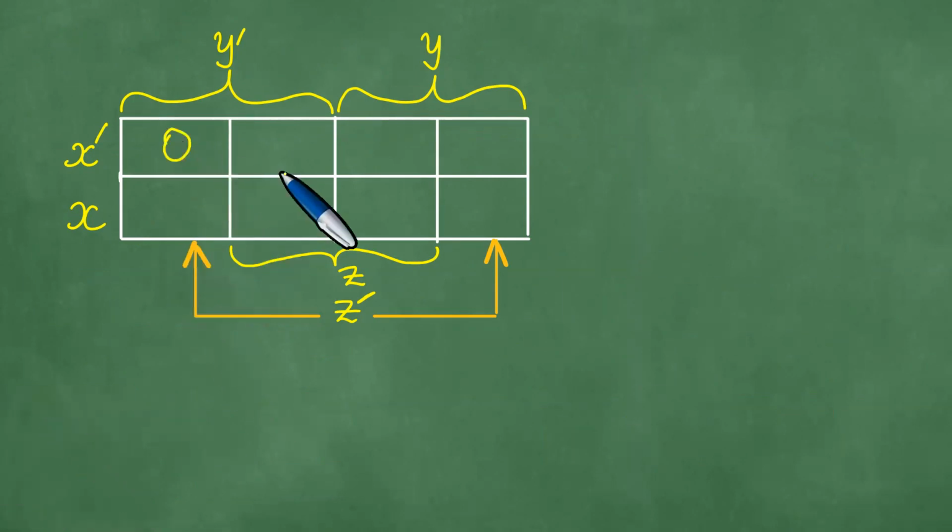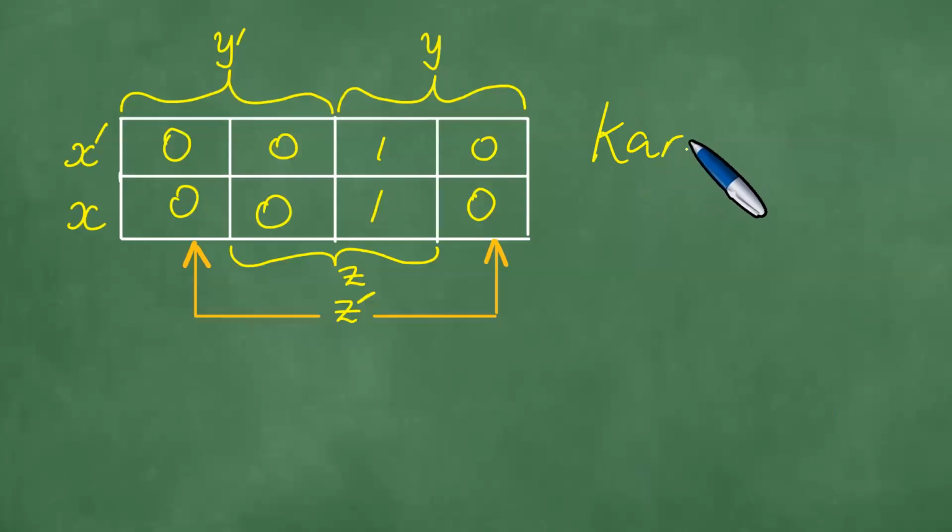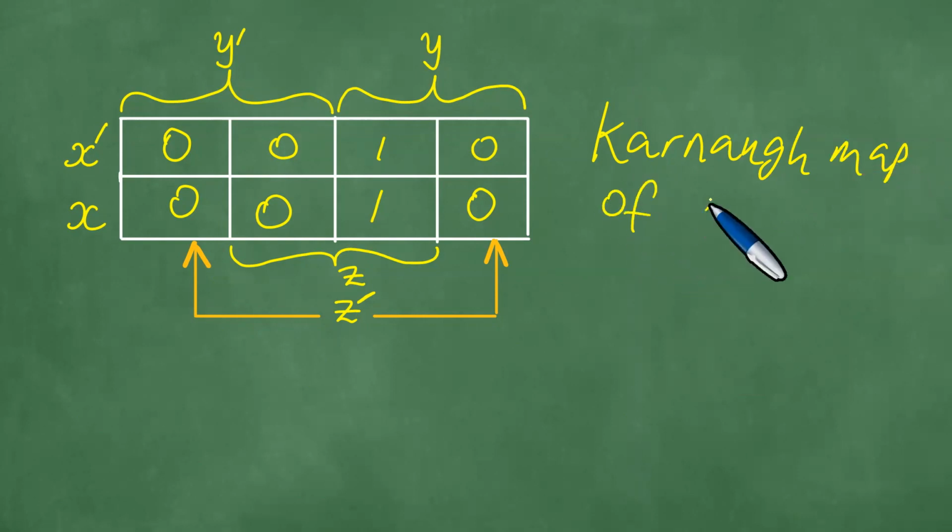We got a 0 here, a 0 there, a 1 here, a 1 there, a 0 here, a 0 there, a 0 here, a 0 there. So these are the things we got. This is called a Karnaugh map of F.